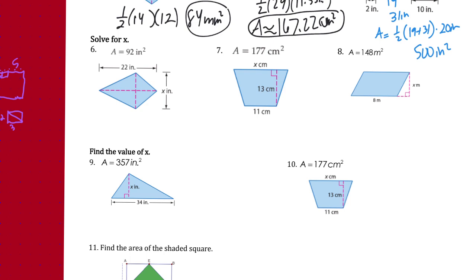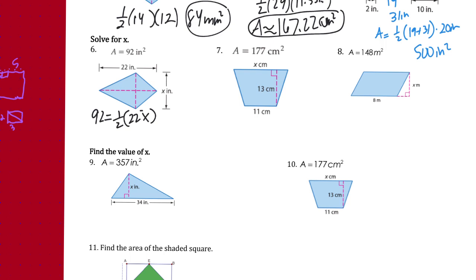So let's practice solving. If the area, which is 92, equals 1/2 times base 1 times base 2. So base 1 is 22. Base 2 is going to be x. Okay, so one option is let's just take half of 22.